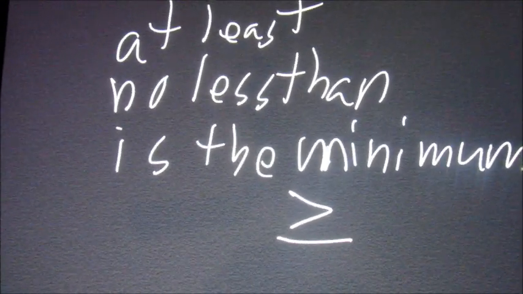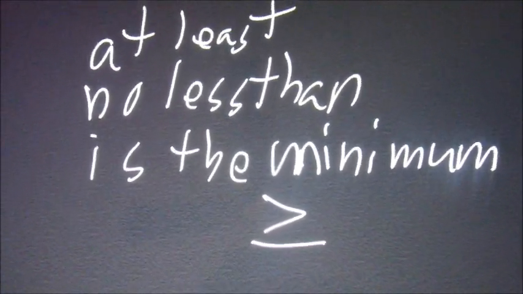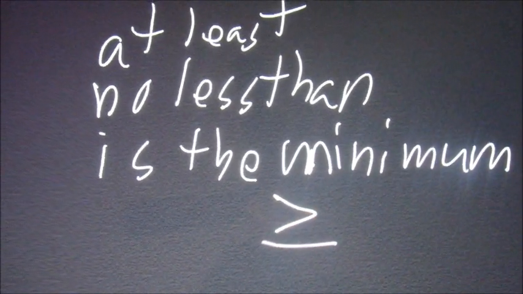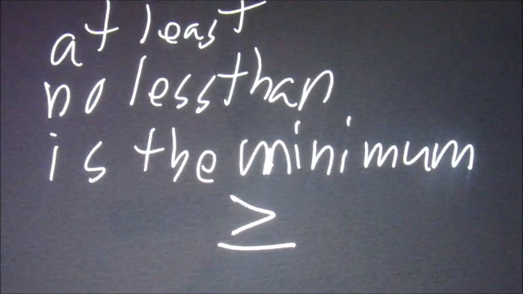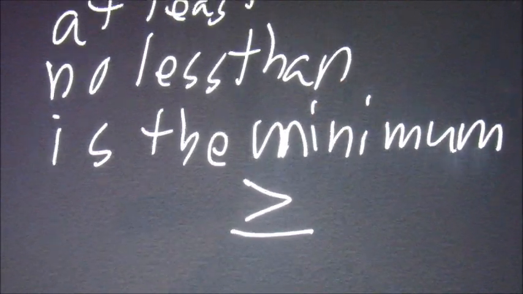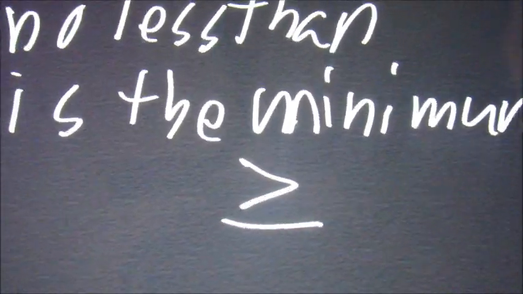Because let's say it's at least 10, it could be 10 or more. No less than 10, it has to be either 10 or more, and 10 is the minimum. Then that's what you're going to use, greater than or equal to.